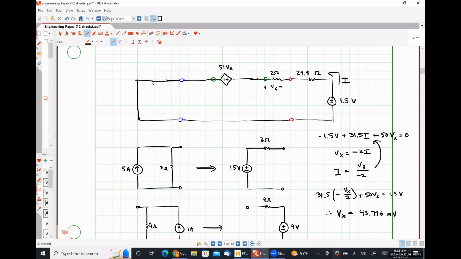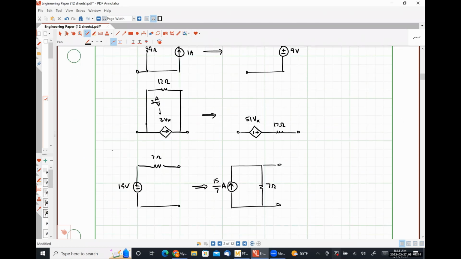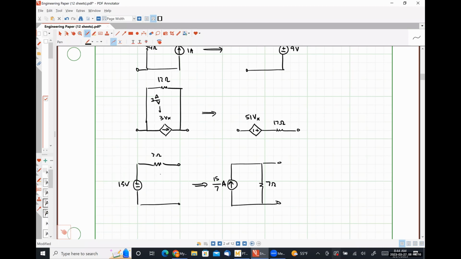Because I had a 15-volt source in series with a 7 ohm resistor, I can convert it into a practical current source. If we know that Vs is equal to Is times Rs, then Is is simply Vs over Rs. So when the 7 ohm resistor and the 7 ohm resistor are in parallel, they look like 3.5, or 7 over 2.